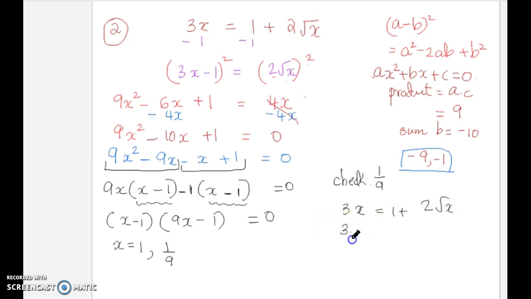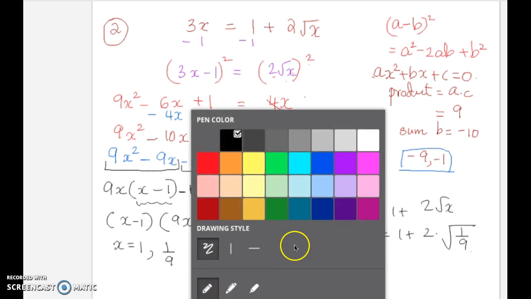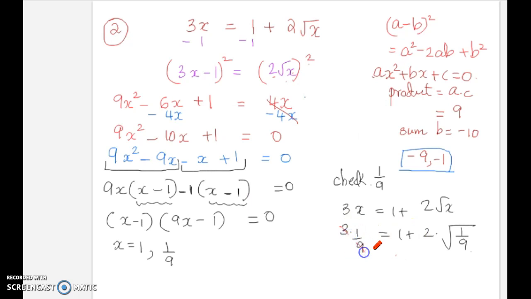So instead of x, I put 1 over 9 is equal to 1 plus 2 times the square root of 1 over 9. Now, how do we deal with these fractions? We just have to cancel common terms. 3 cancels 9 three times, so we have 1/3 on the left side of the equation. On the right side, the square root of 1 over 9 is 1 over 3.